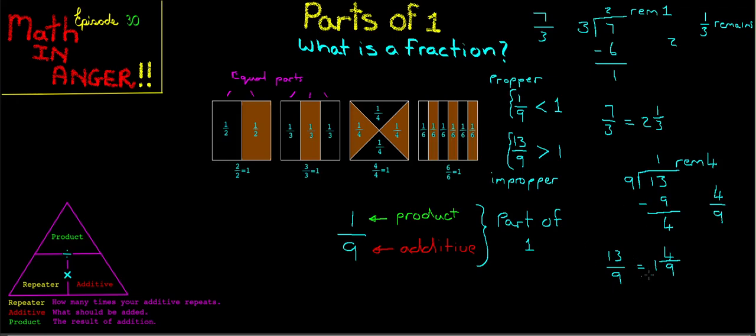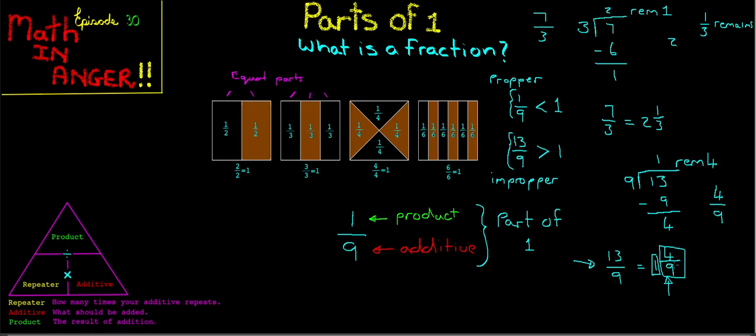I hope this makes sense to you, because what we have here is a fraction, and what we have here is a mixed number. We have a whole part, and then we have the fraction part. 1 and 4 of 9. 1 and 4 ninths.